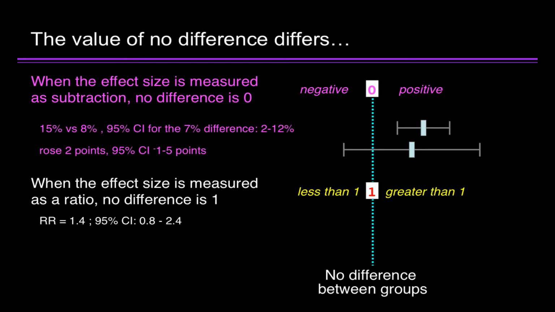So a relative risk, that's a ratio measure, equals 1.4, 95% CI 0.8 to 2.4, that crosses 1, that's not statistically significant. Here's another ratio, an odds ratio of 0.6, 95% CI 0.4 to 0.8. That does not cross 1, doesn't include 1, it's over here, it is statistically significant, p less than 5%.